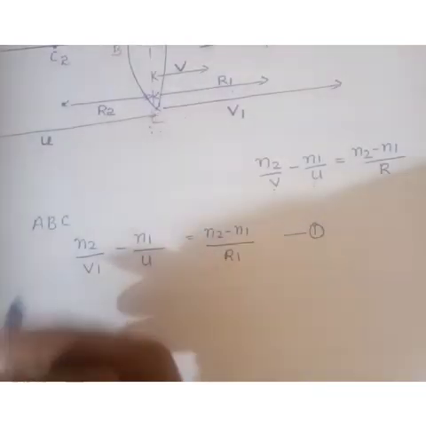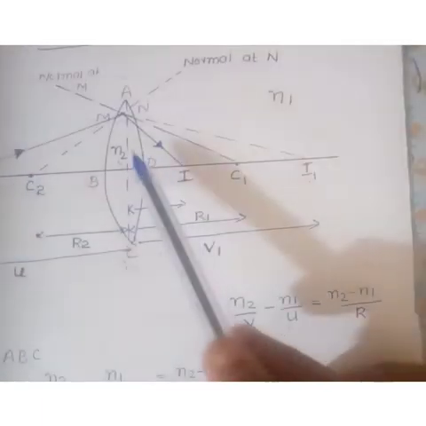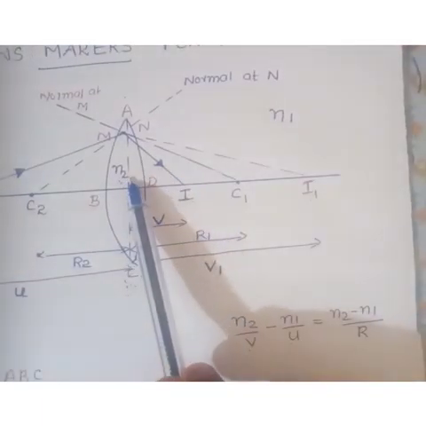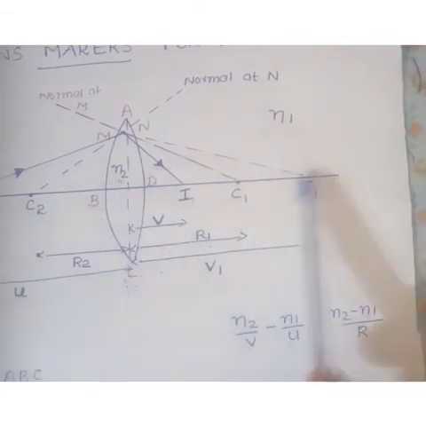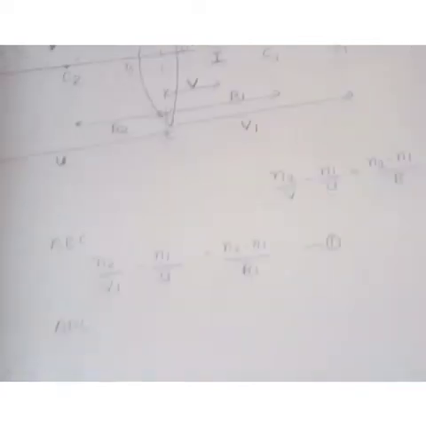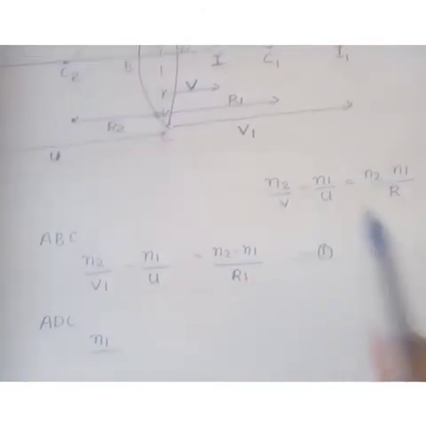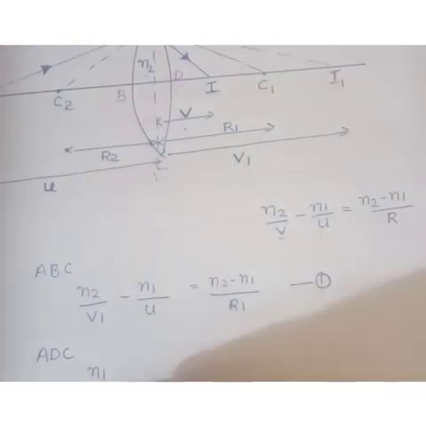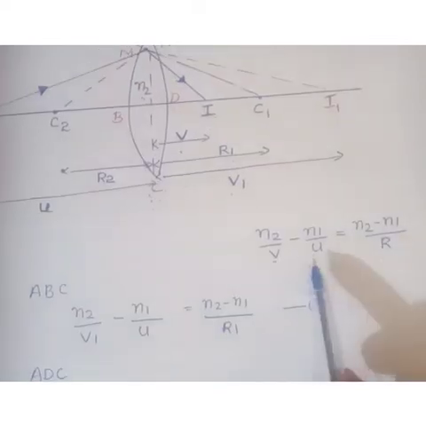So tell me, at the surface ADC, the light ray is going from N2 to N1. So the relation becomes N1 divided by V, the image distance, minus N2 divided by the object distance.